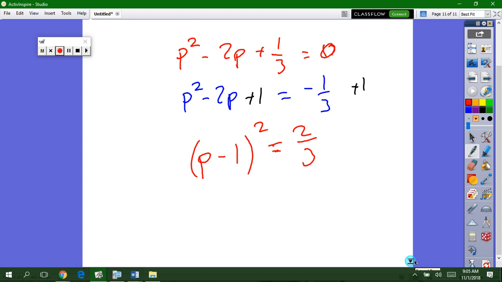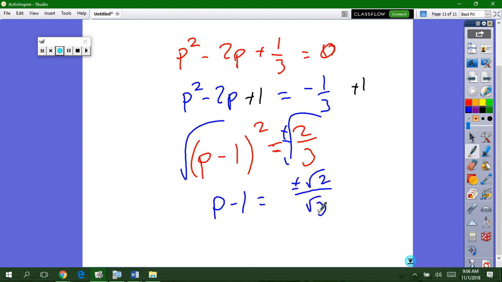How do I get rid of the squares? Square root. Remember to do your plus or minus because you physically took the square root, correct? So I have plus or minus square root of 2 over the square root of 3. But what do we not like down here? Square root of 3. So what do I need to do?